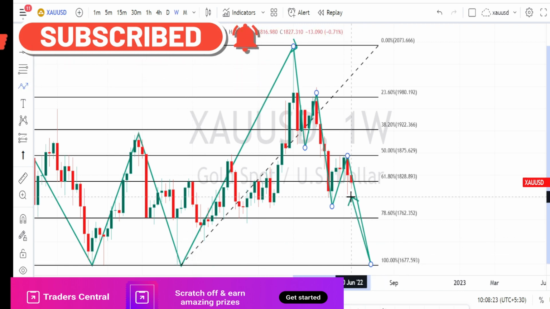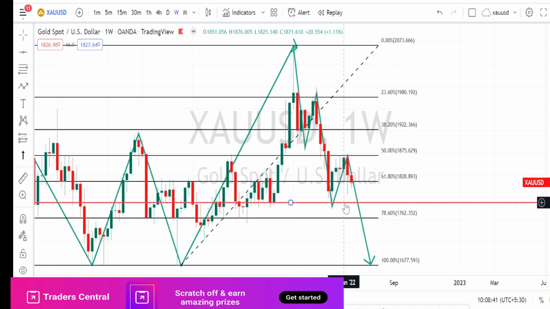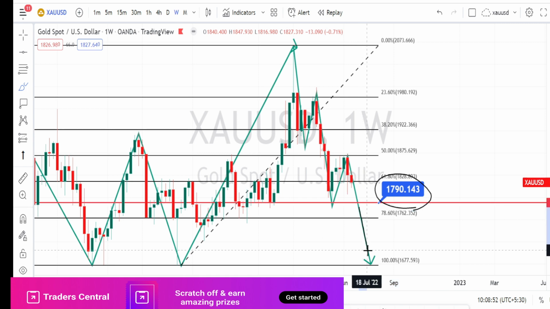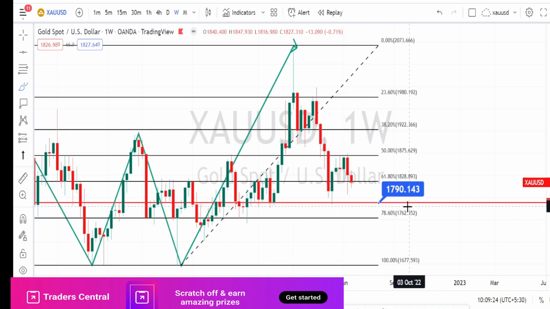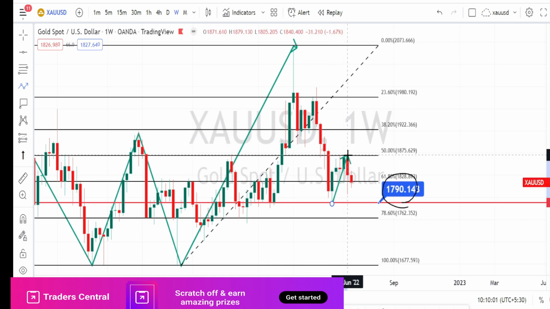To get a confirmation on the continuation of the bearish trend, it has to break the previous low of 1790. Then only we can expect the bearish trend to continue. And if the price action doesn't manage to break this support level, we can expect the trend reversal also, which means that from the support level of 1790, we have noticed the price action to go on a bullish trend.